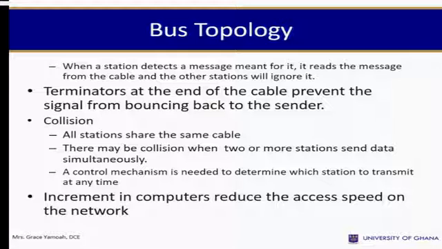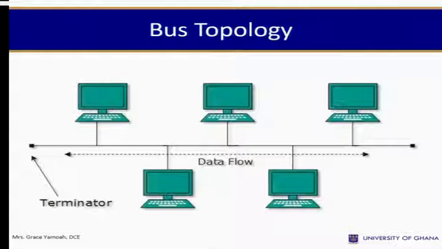A control mechanism is needed to determine which station transmits at any time. Increments in computers reduce the access speed on the network. So this is a typical bus topology where data is all assembled onto one long queue and it terminates at the ends.